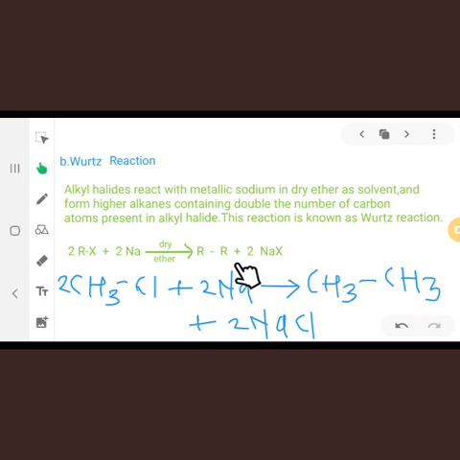Okay, that means the number of carbon atoms is doubled. Understand? And this reaction is known as Wurtz reaction, which takes place between alkyl halide and sodium in dry ether. Okay, now see next.